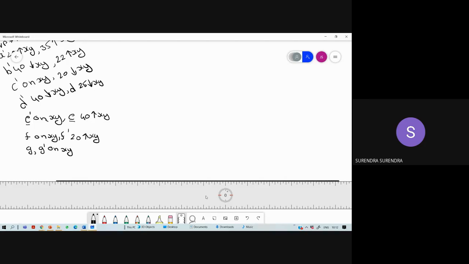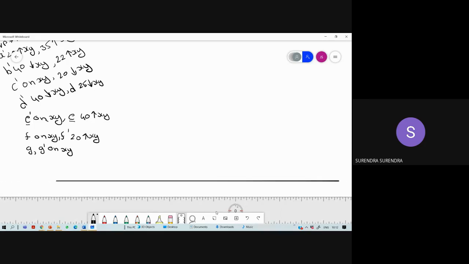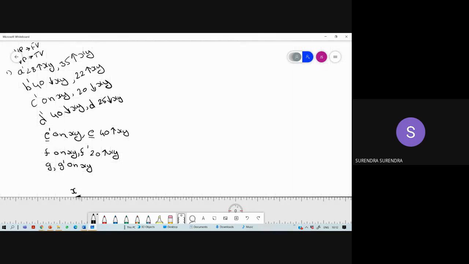So I'm not drawing Y, just simply writing X. So depending on the length, we'll complete representing Y. So first, simply represent X.